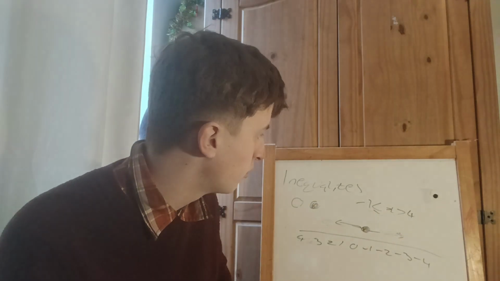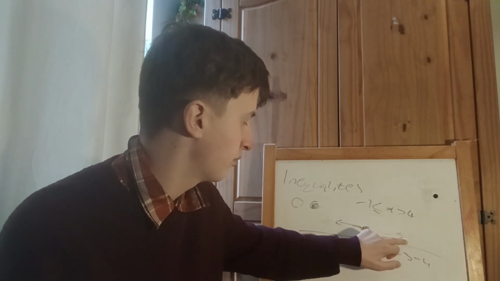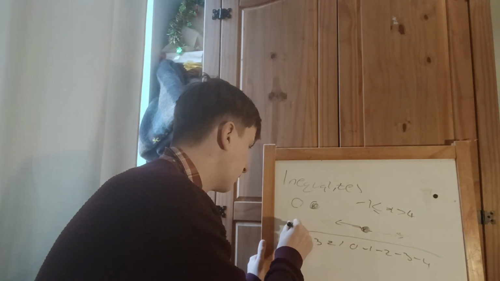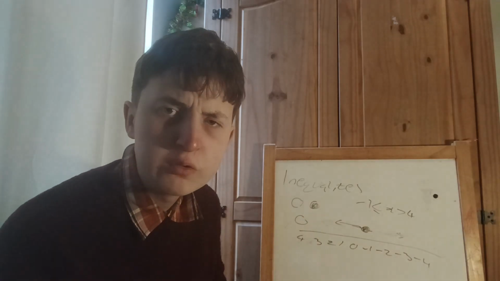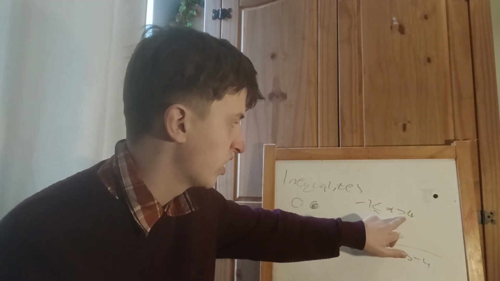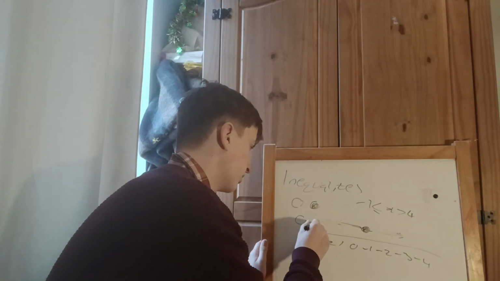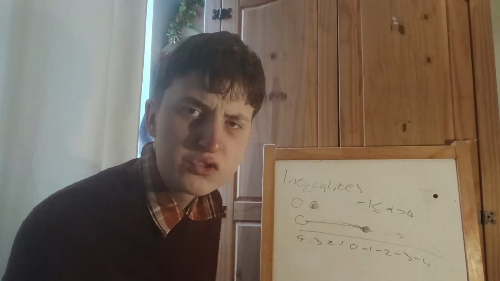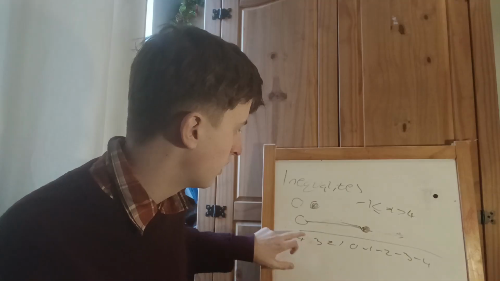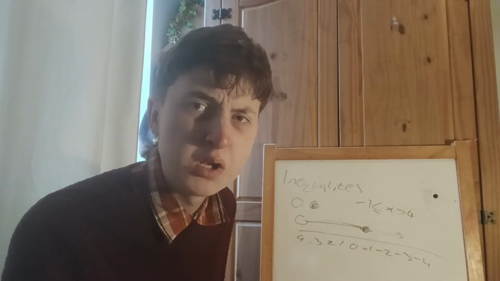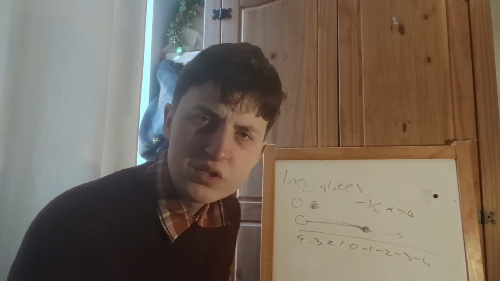Now on our number line, what we'll do is we have got our current one going this way, then we find 4. So we go over here, we do an unfilled in circle because it is just less than, and then what we do is we connect up our dots. So then we know somewhere on our number line, our number is less than 4 or greater than or equal to minus 1.